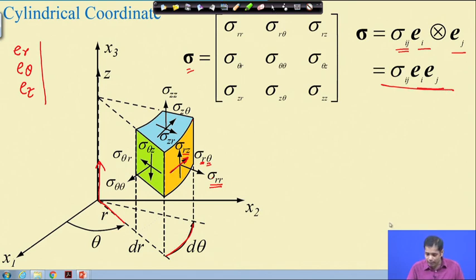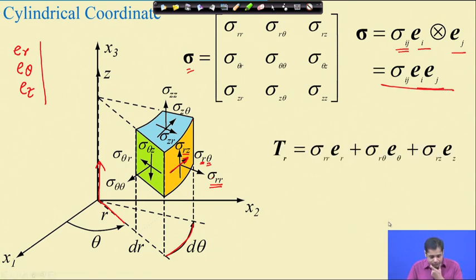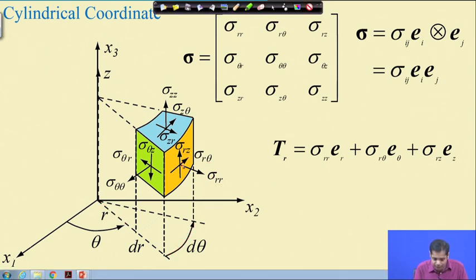Now, suppose this is a plane. On this plane we can have a traction like this, and suppose that traction is T r. Similarly, on this plane we can have a traction T z, and on this plane a traction T theta.